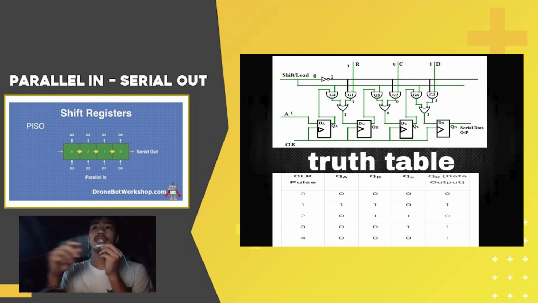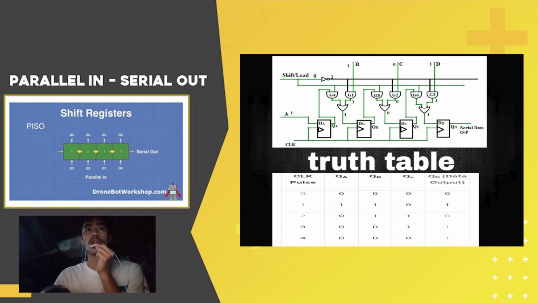Here A is directly connected to the A of the first flip-flop. The direct control signal is connected to one input of the G4, G5, and G6, and the other inputs of G4, G5, and G6 are connected to the outputs of flip-flops like QA, QB, and QC.